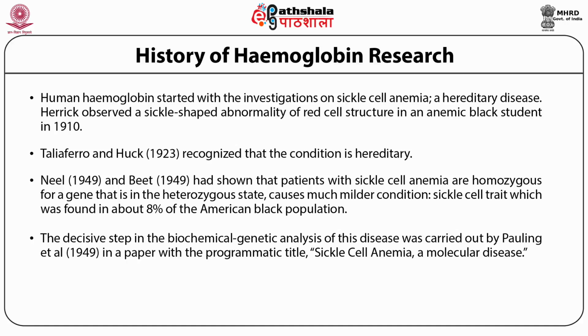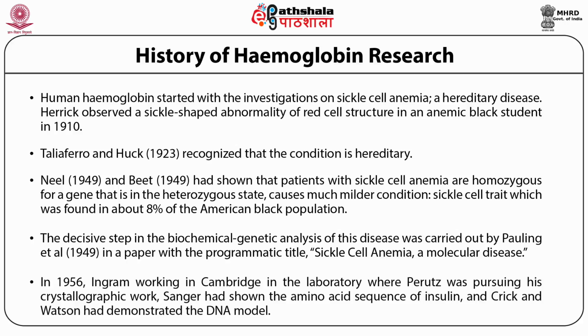The gene in sickle cell anemia is in homozygous state, whereas the carriers of the sickle cell trait are heterozygous. This reveals that a change produced in a protein molecule by an allelic change in the single gene is involved in its synthesis.